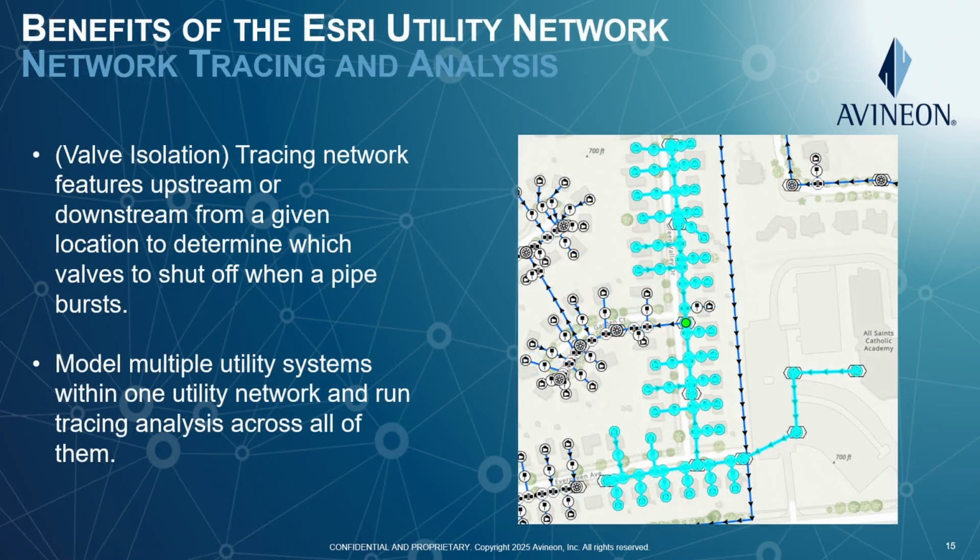And then of course, the big thing, talking a little bit about tracing and analysis. Valve isolation is the most common example that you're going to see in demos and marketing materials as you start talking about the utility network. But definitely, don't want to limit your mind to that. It's a lot more powerful opportunities for your team and how you can utilize the data. But really, it's going to allow you to model those scenarios for your organization and allow them to make better business decisions a whole lot faster.